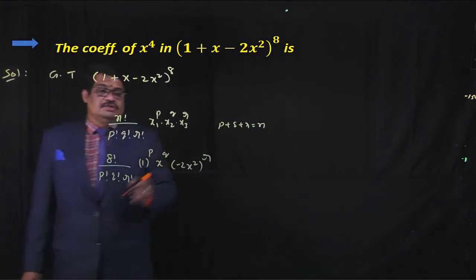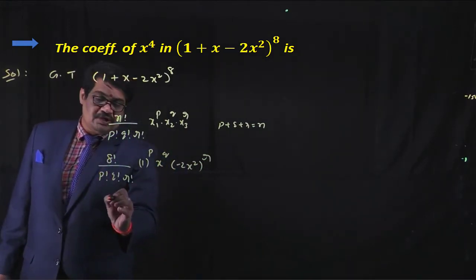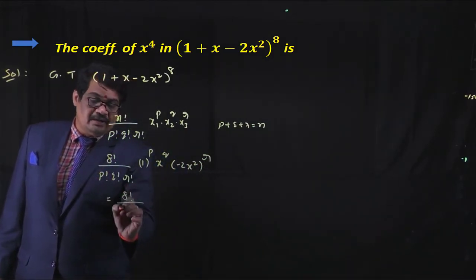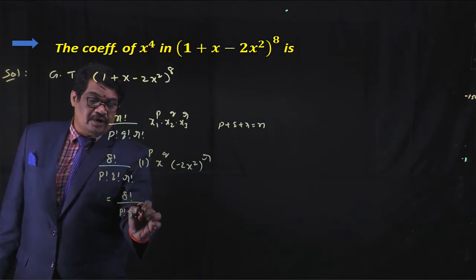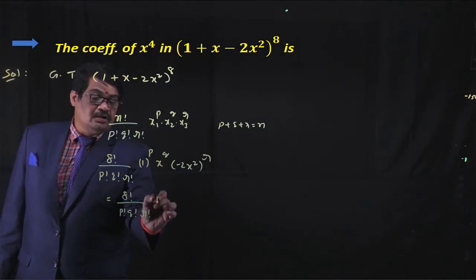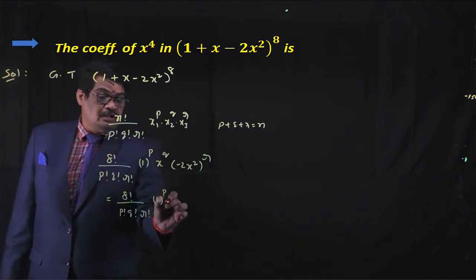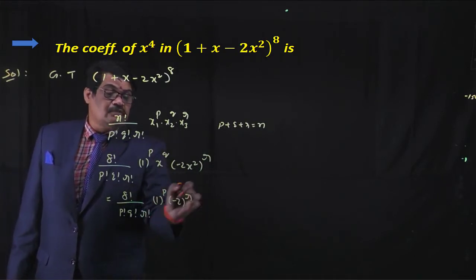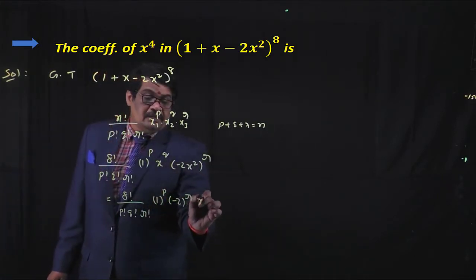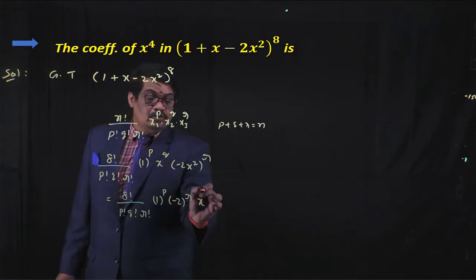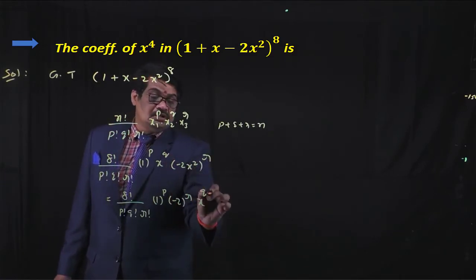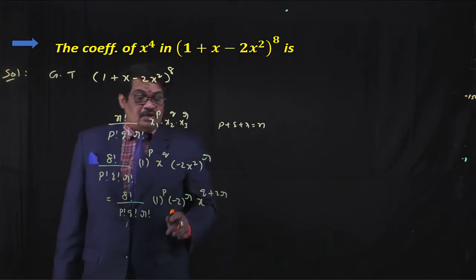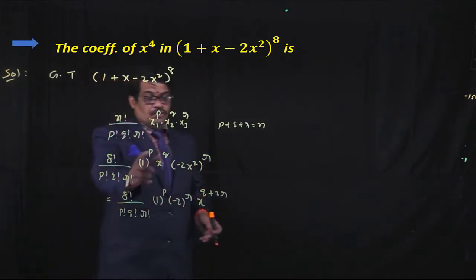This can be written as 8 factorial by p factorial q factorial r factorial, 1 to the power of p, (-2) to the power of r. Here the x power is q plus 2r, so x to the power of q plus 2r.